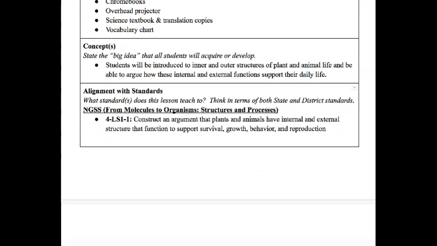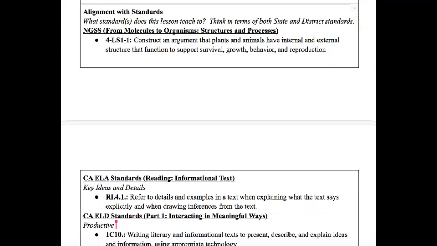So for our standards, the science one we got from NGSS, from molecules to organisms, structures and processes. This states construct an argument that plants and animals have internal and external structures that function to support survival, growth, behavior, and reproduction.